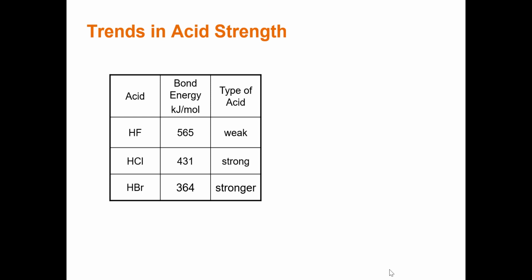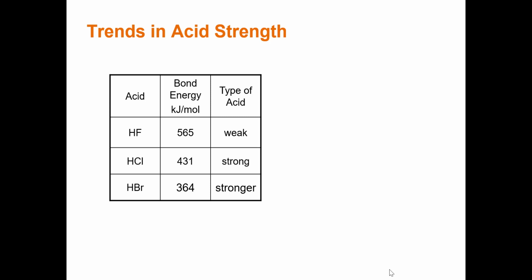I want to look at some additional things related to bonding. First of all, we have this table showing some acids and whether they are weak or strong, and their bond energies. And you can see that the bond energy for hydrofluoric acid is much higher than hydrochloric, which is higher than hydrobromic, and that hydrogen fluoride is a weak acid.